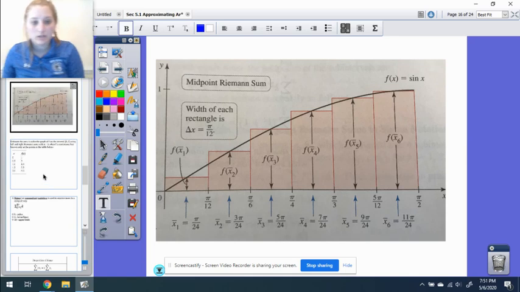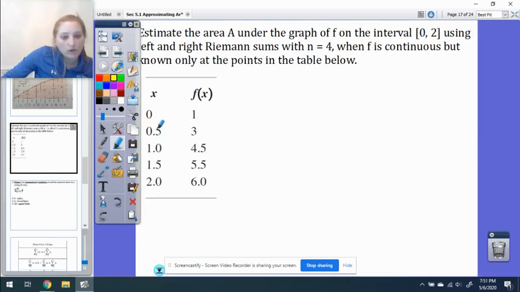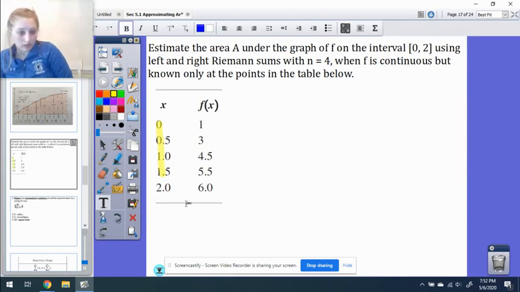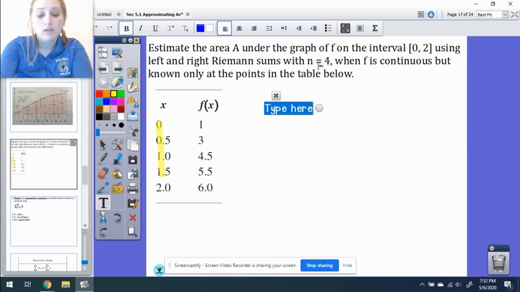So in this case, we're going to find the area or estimate the area using left and then right, okay? All right, so for left, we are going to be using 0 to 1.5. And the reason why I know that is because these values here are my bounds, and I have 4 subintervals.